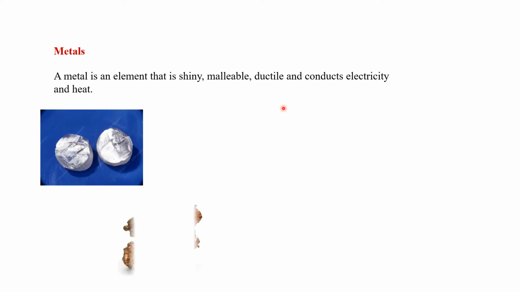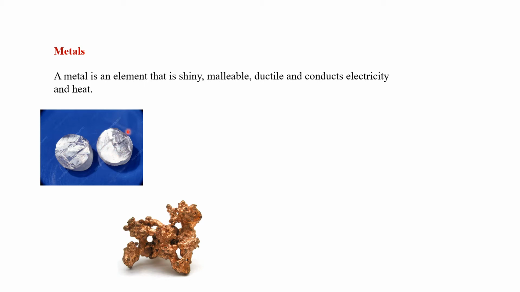Look at these pictures. These are two widely used metals. This is sodium, and this is the picture of copper. Copper and sodium are very popular, widely used metals, and from their texture you can easily observe that their surfaces are very shiny.